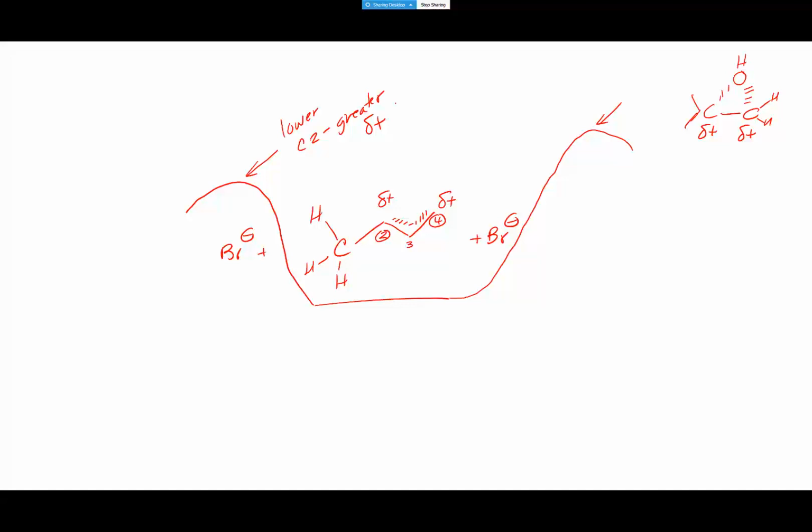So which one am I going to form faster? Which way am I going, left or right? I'm going left faster. So this reaction is going to be faster. Arrhenius equation, lower activation energy.